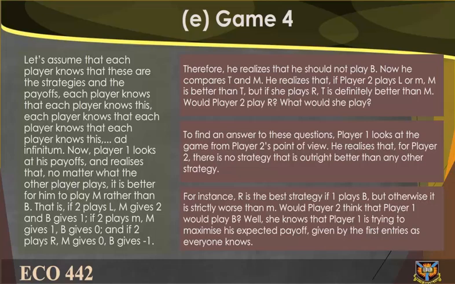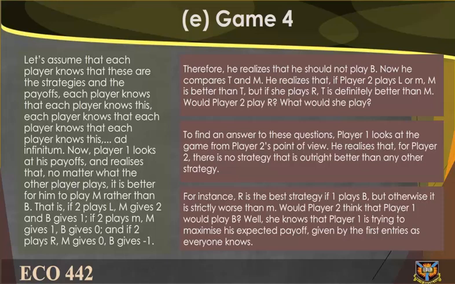Would player 2 play R? What will she play? To find an answer to these questions, player 1 looks at the game from player 2's point of view. He realizes that for player 2, there is no strategy that is outright better than any other strategy. For instance, R is the best strategy if 1 plays B, but otherwise it is strictly worse than M. Would player 2 think that player 1 would play B?